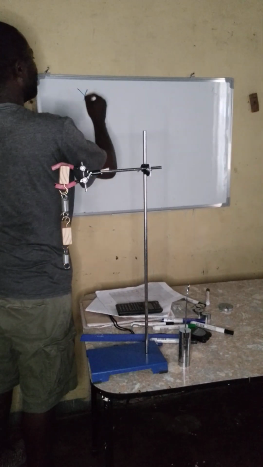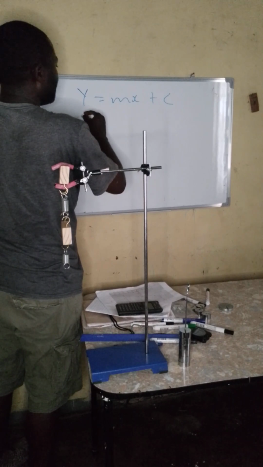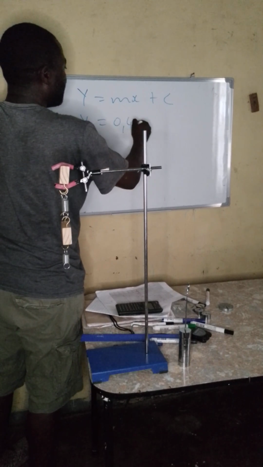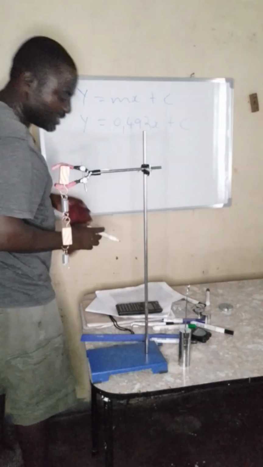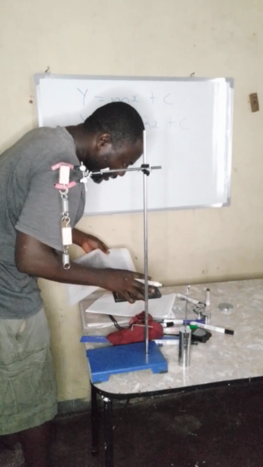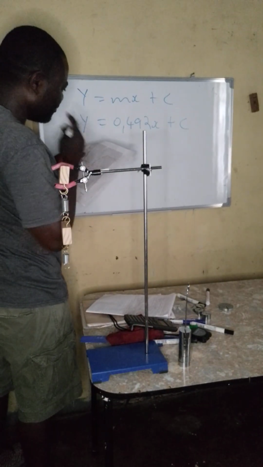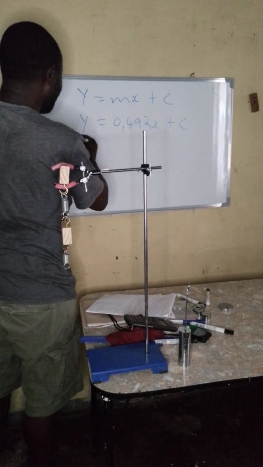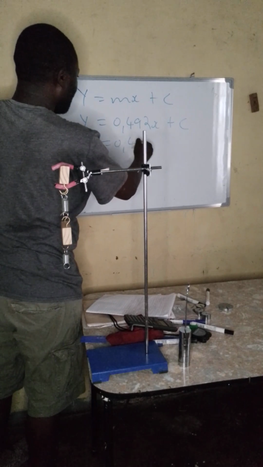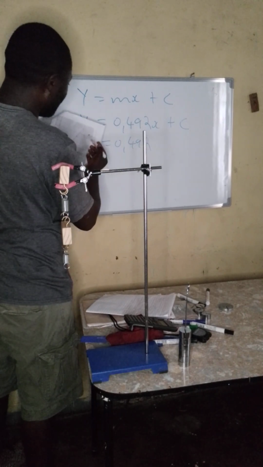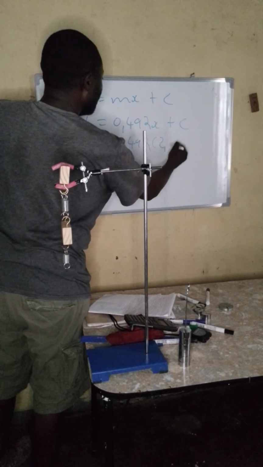So y equals mx plus c, so y equals 0.492x plus c. We can employ any y value. We can take 0.15 as our y value, and the corresponding x value is 2.86.